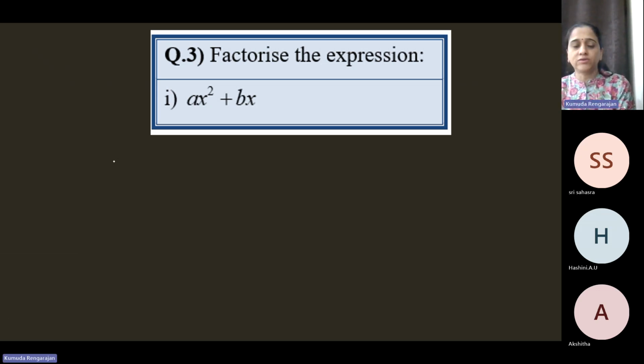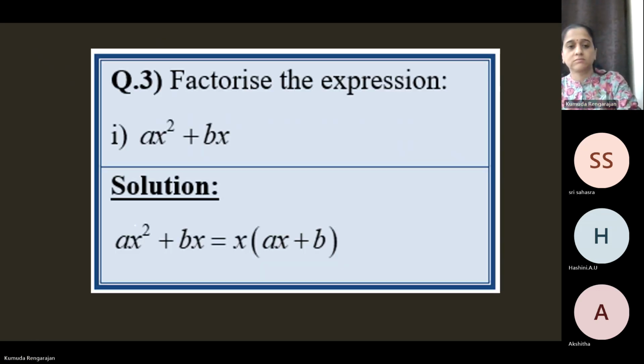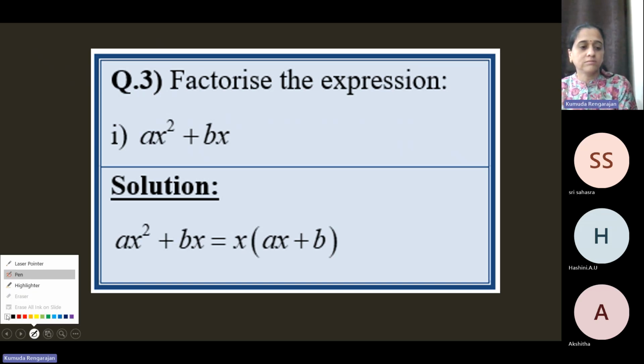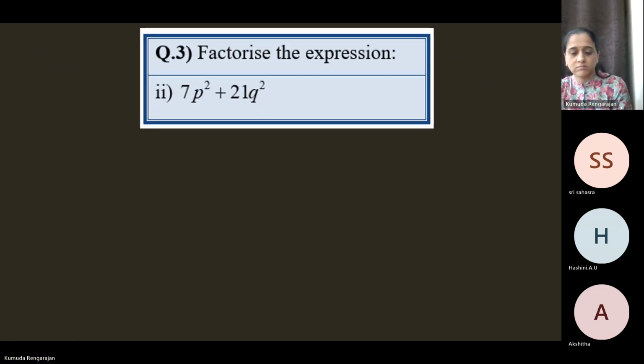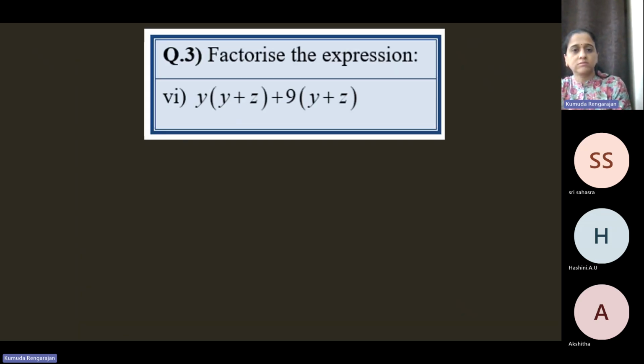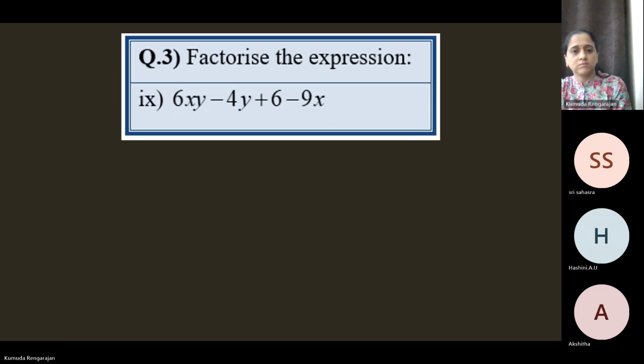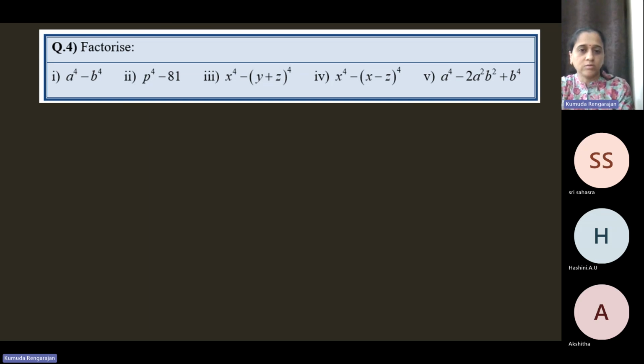Yeah, how do we factorize this? Take x common. Correct? One minute, one minute. Okay, finish it. I don't think I have all the answers on one slide.